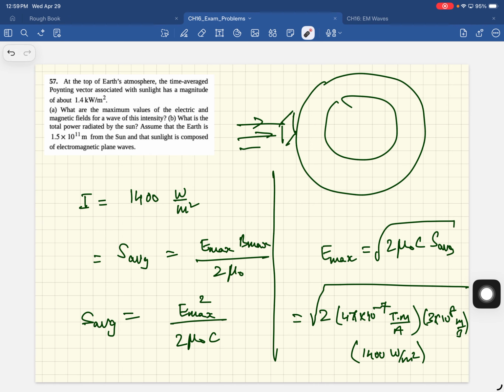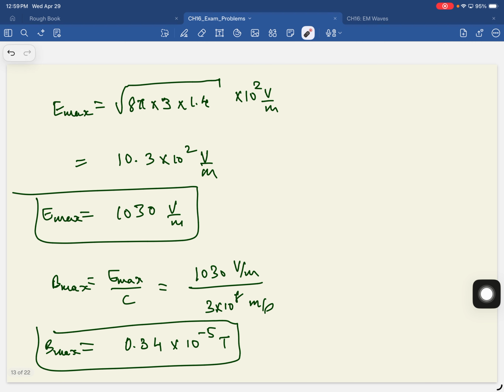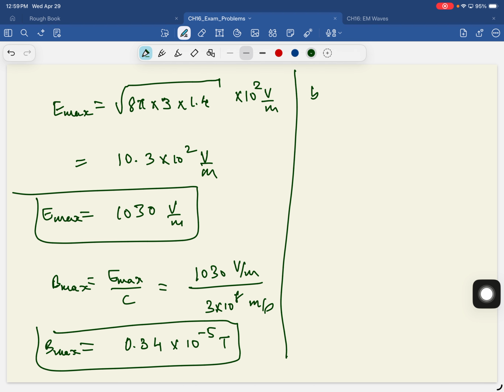Then they say, what is the total power radiated by the sun? Assume that the Earth is 1.5 times 10 to the 11 meters from the sun, and the sunlight is composed of electromagnetic plane waves. So here's the sun, and the Earth is at distance r.